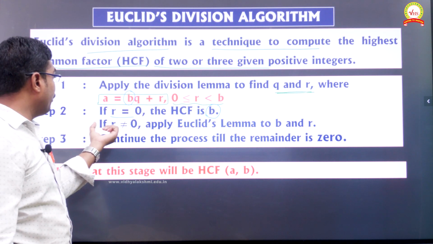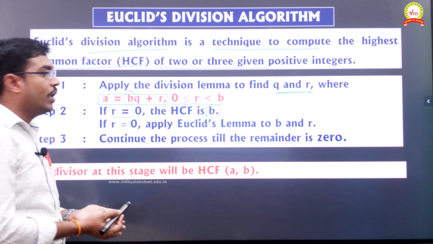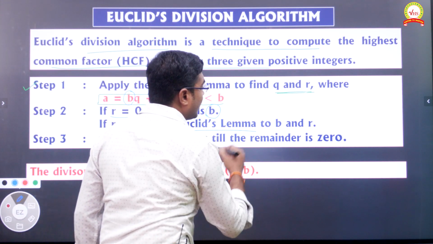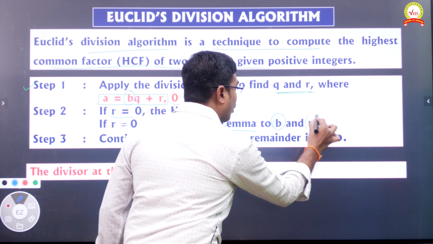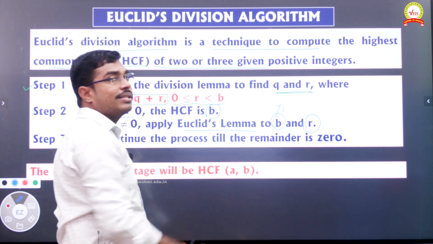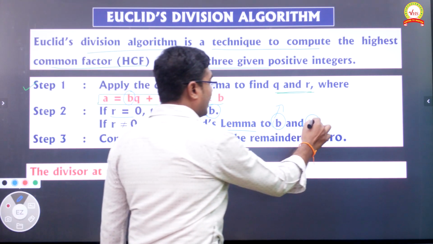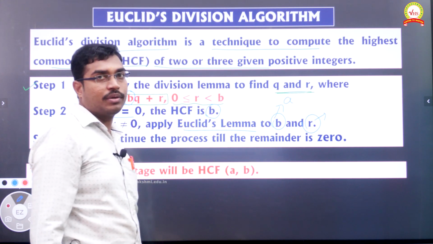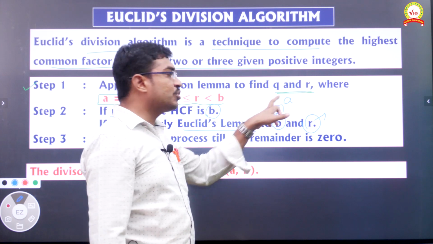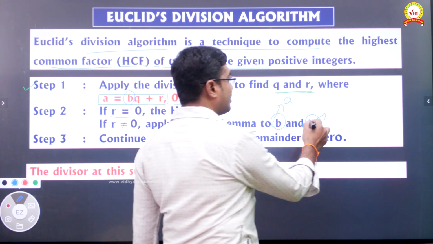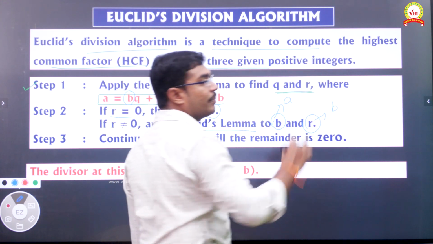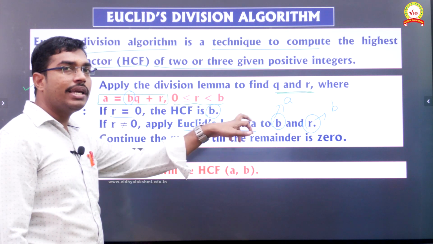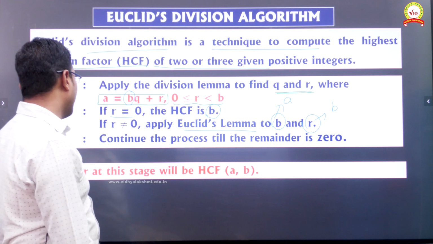In case r is not equal to 0, apply Euclid's division lemma to b and r. b is the divisor, r is the remainder. You take b as the new dividend, the divisor comes to dividend, and r, the remainder, comes as the new divisor.